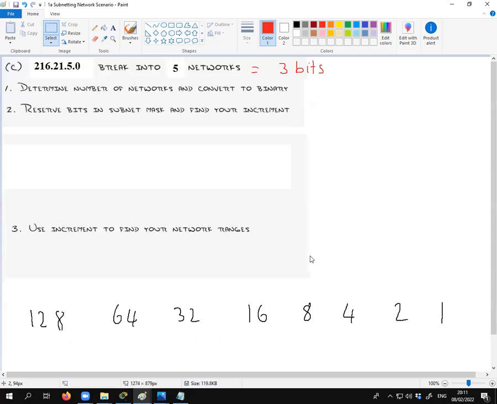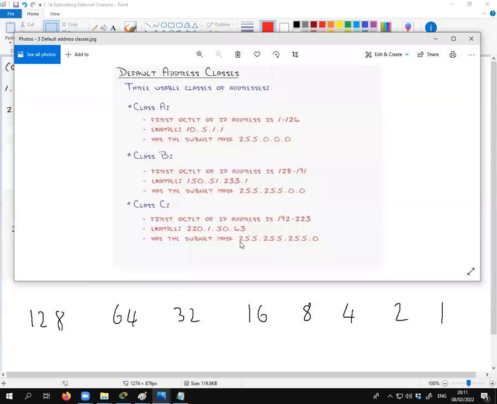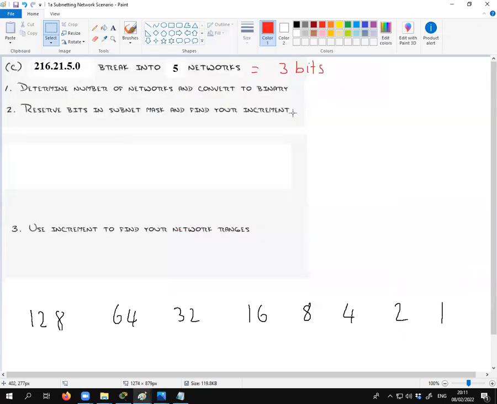The default subnet mask of a class C is 255.255.255.0. We know it's a class C, it's written up there for us. So you take the subnet mask and convert 255 into binary. We've done this before. What's 255 in binary?